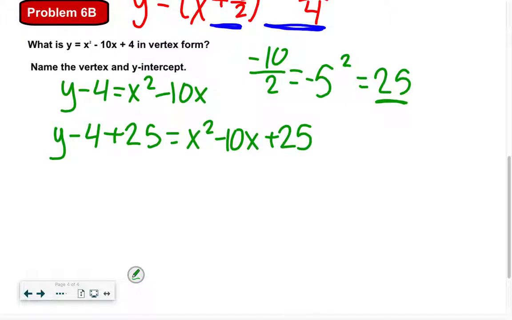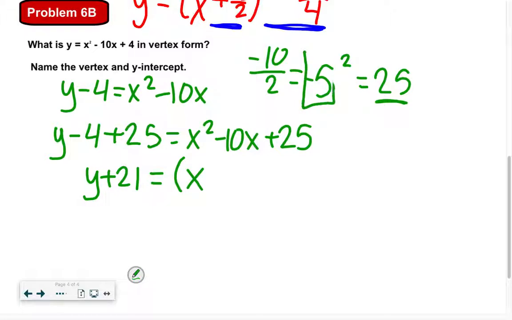So we add 25 to each side. What number do I get on the left? What? 21? What's my parentheses gonna look like? X what? Minus 5. Where do you get the minus 5 from? Up top.